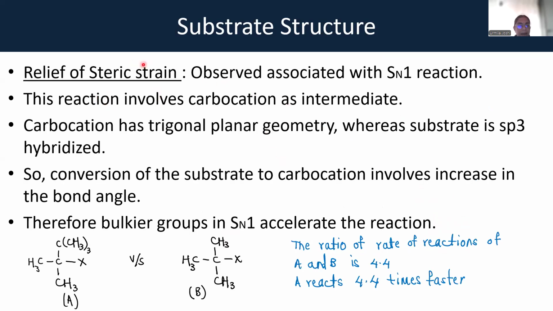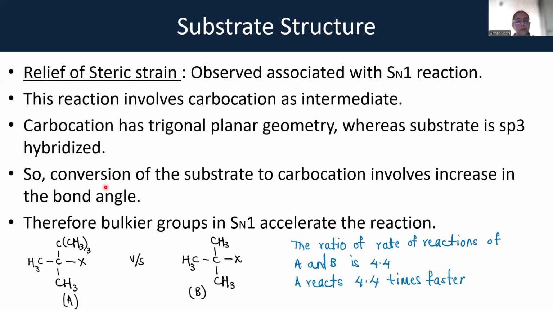There is another factor that is involved, and that is relief of steric strain. This is observed with SN1 reaction. You know SN1 reactions have carbocation intermediates. The carbocation has trigonal planar geometry. The bond angle is 120, whereas the substrate is sp3 hybridized with a bond angle of 107.